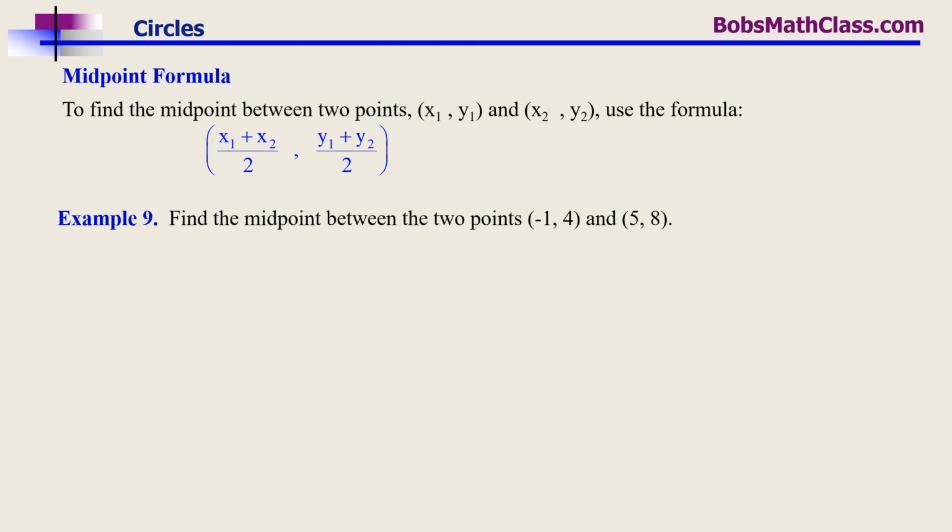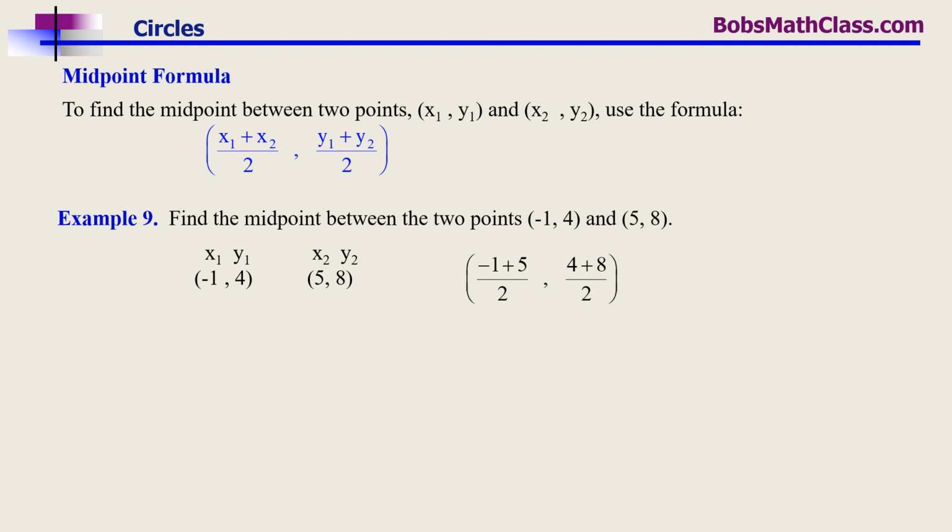So find the midpoint between the 2 points, (-1, 4) and (5, 8). I like to write little x1, y1 above the first point, x2, y2 above the second point. So remember, they're not exponents, they're subscripts.